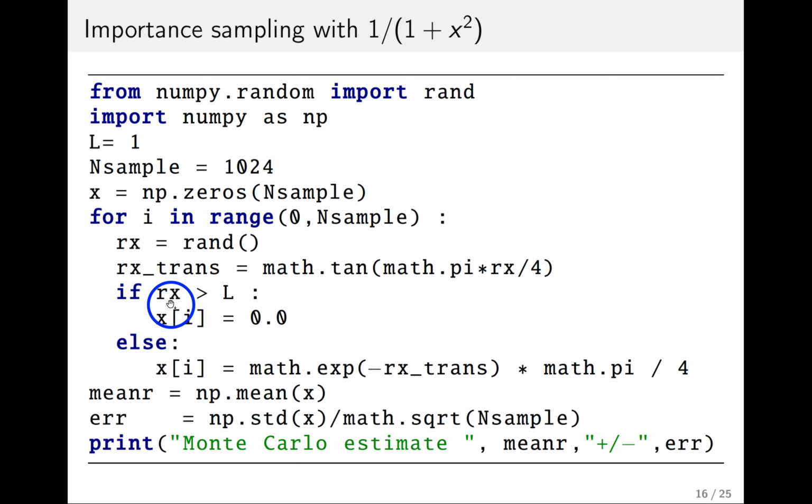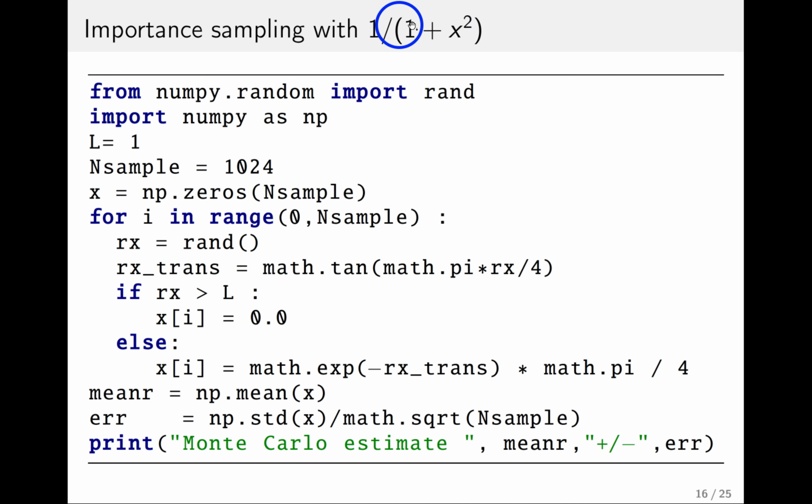In this case, if the number is greater than the integration range, set it equal to 0. Otherwise, now the 1 over 1 plus x squared is part of the random numbers. So the e to the minus x is the function, and this multiplies as a kind of normalization factor. So we're splitting up the integral e to the minus x divided by 1 plus x squared.